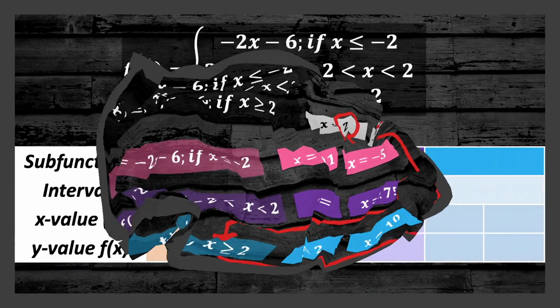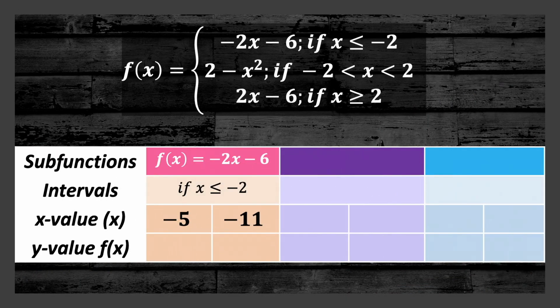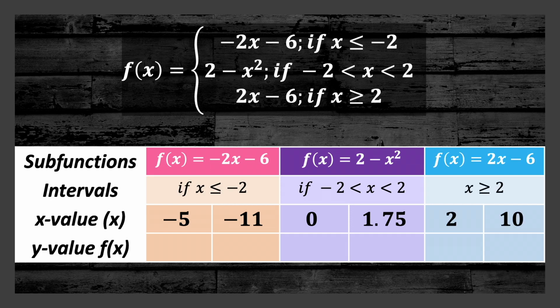To sum it up, we will use subfunction number 1 to solve for the y values of -5 and -11. Then, we will use the subfunction number 2 to solve for the outputs of 0 and +1 and 75/100ths. Finally, we will use the third subfunction to solve for the range of +2 and +10 domains.